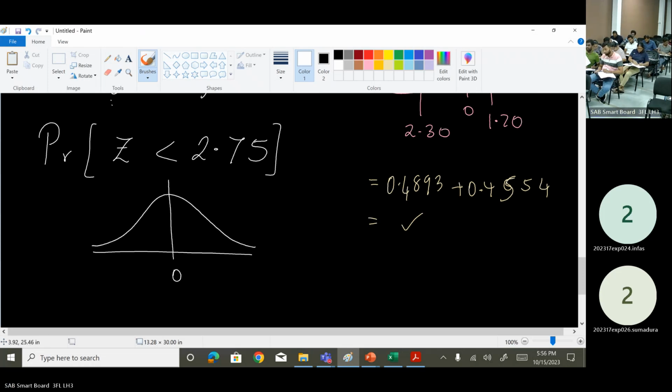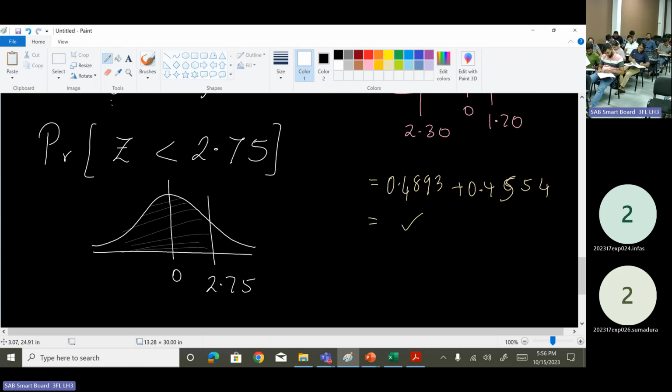Is it less than 2.75 or greater than 0? There is nothing like that, right? Above this, below that. So here only below 2.75. So it will be the full left side region below 2.75, the full region.